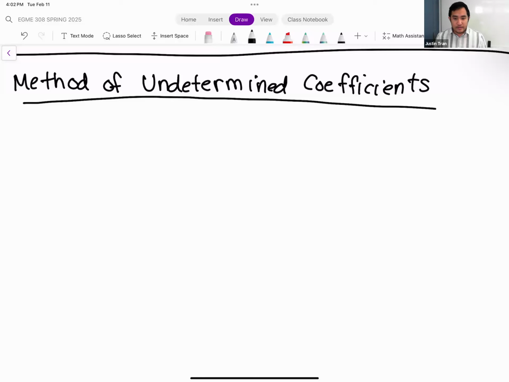Hello, hello. Okay. The microphone breaks every now and then, so I'm hoping that it stays stable for the class. Okay. All right. So the method of undetermined coefficients. This was a method that we learned to solve for particular solutions to non-homogeneous second-order ODEs.